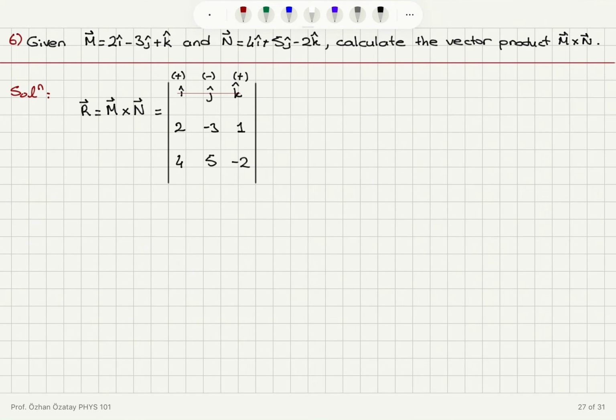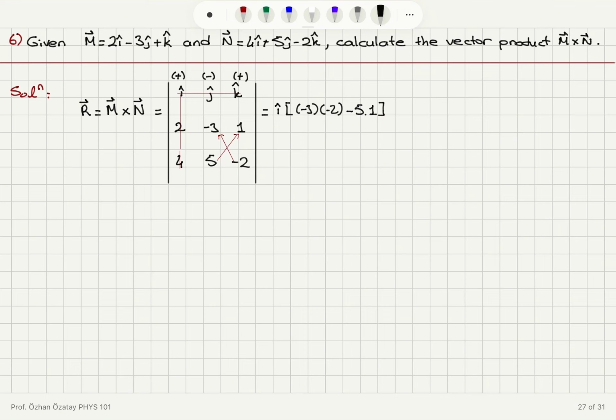This is going to give us the product of minus 3 and minus 2 minus the product of 5 and 1. Because it's plus, we have i hat times minus 3 times minus 2, minus the product of 5 and 1.